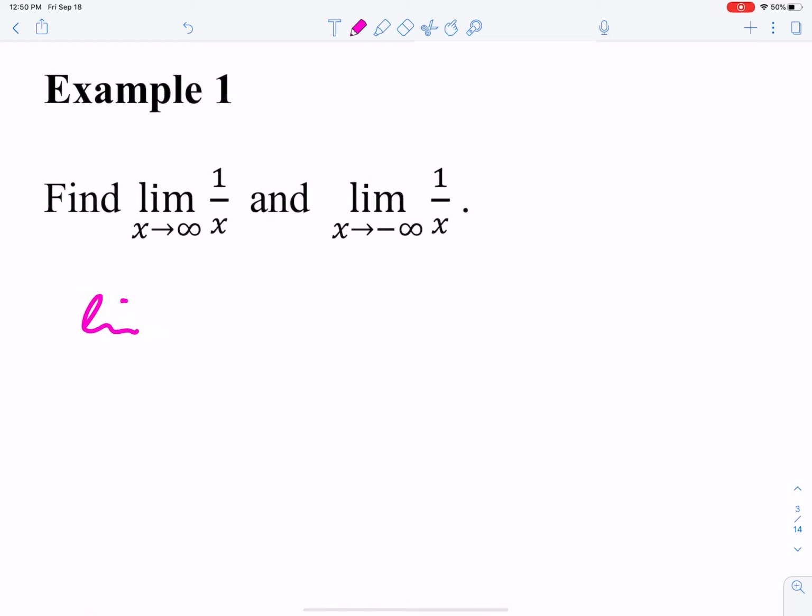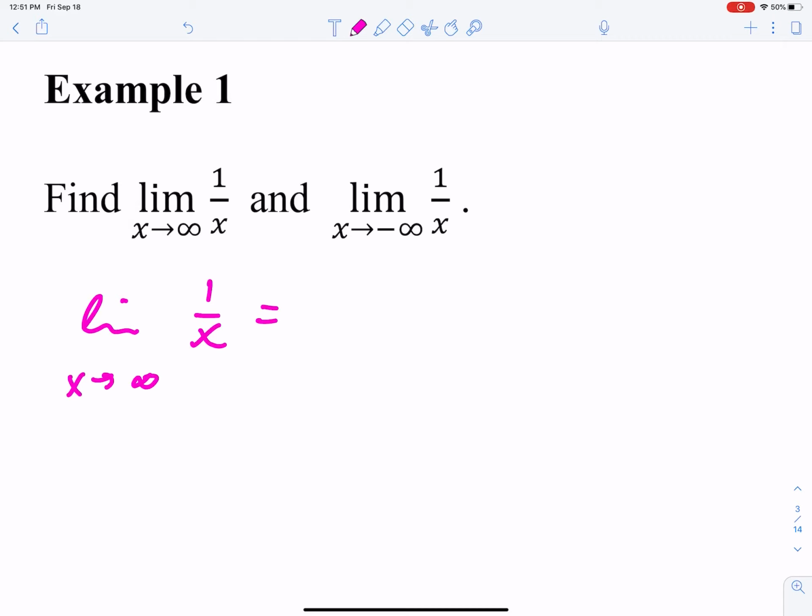So here we go. The limit as x approaches infinity of 1 over x equals, well, remember, I keep telling you, ask yourself the two questions. Is our function a polynomial or rational? This one's rational. But then we say, well, is a in the domain? Well, a in this case is infinity.